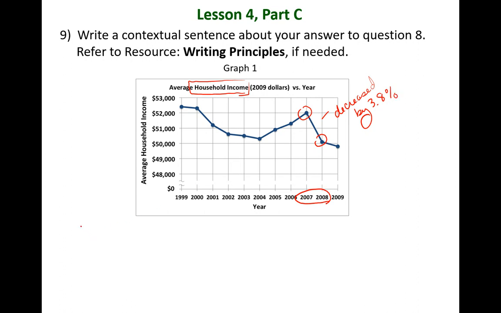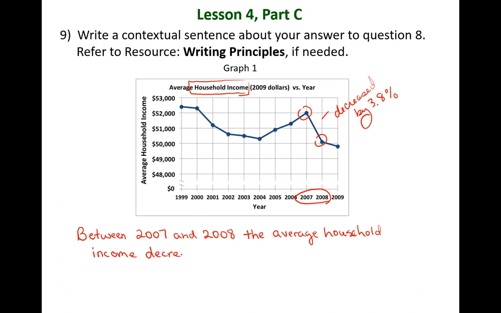So our sentence might look something like this. Between 2007 and 2008, the average household income decreased by 3.8%.